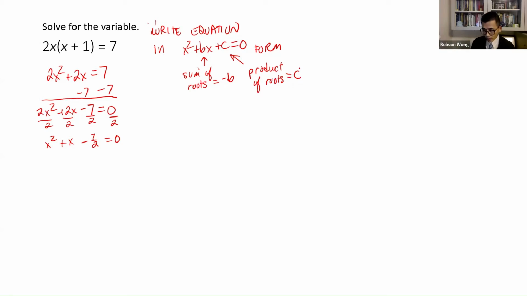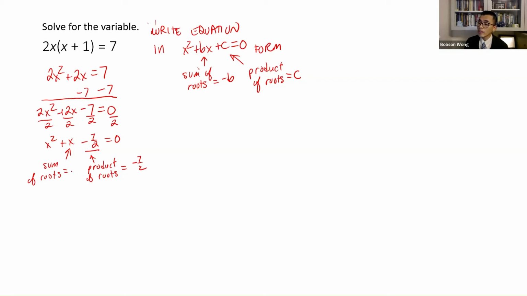So in this case, because we've written the equation in this form, x squared plus x minus 7 over 2 equals 0, we can determine here that the product of the roots is negative 7 over 2. And we see here that the sum of the roots is the coefficient of x, which is 1, but we're going to take the opposite of that, so that's going to be negative 1.